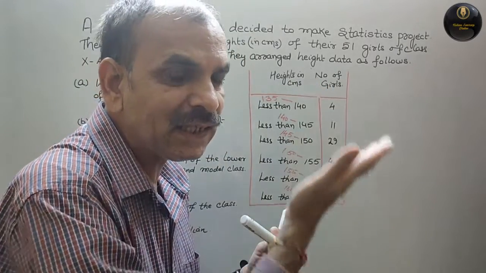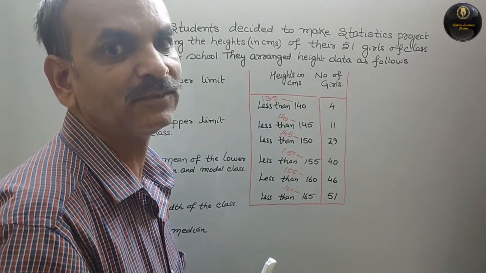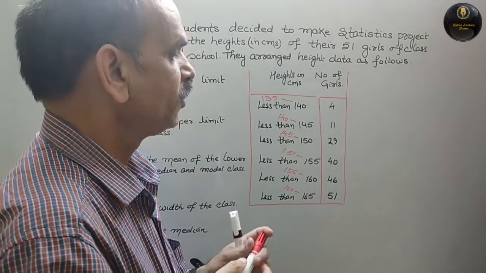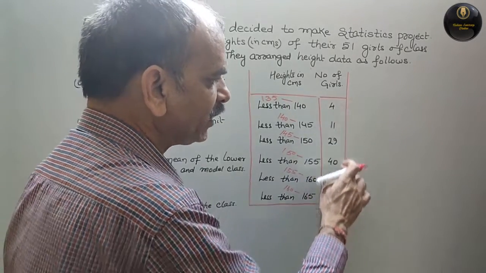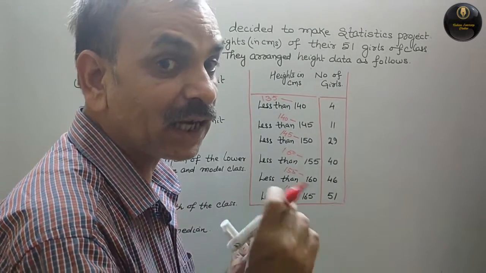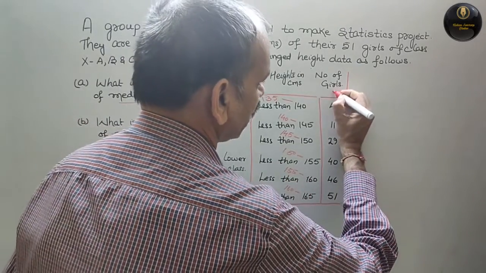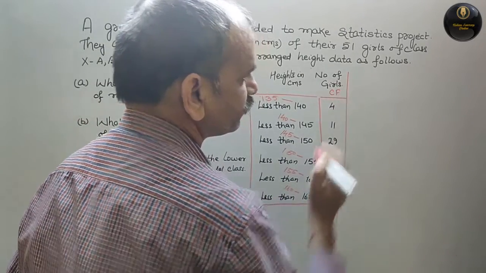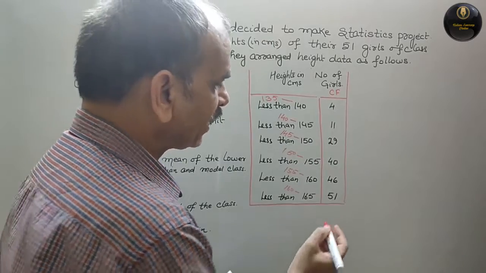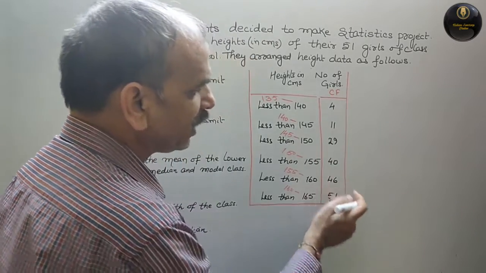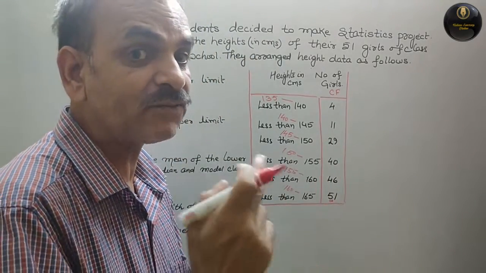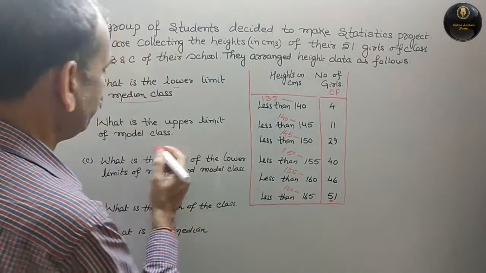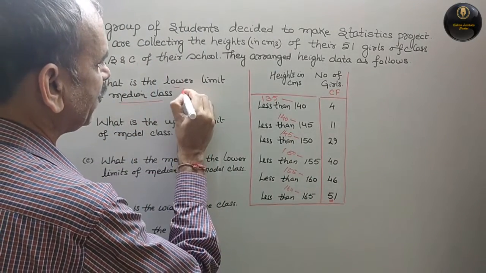That means it's in increasing order. So if it is in increasing order, that means it's a cumulative frequency, CF. And they have given 51. Total is 51. That is N is 51. So here we will write N is 51.